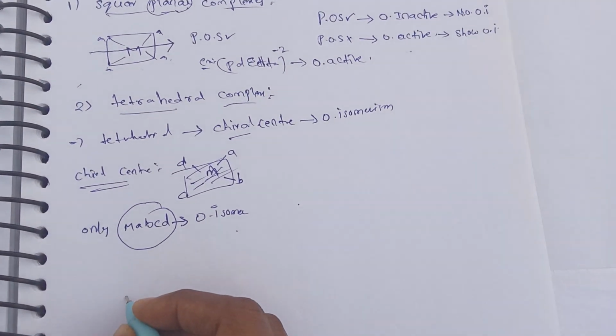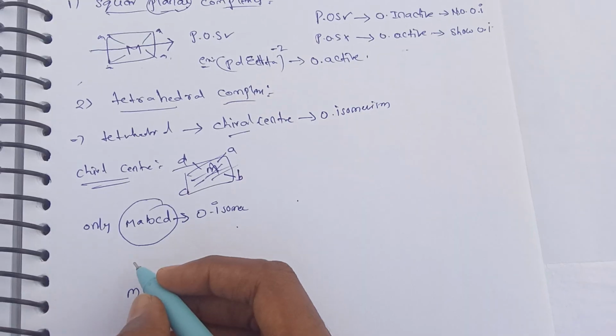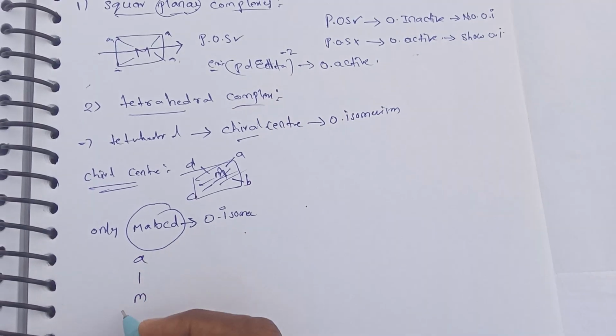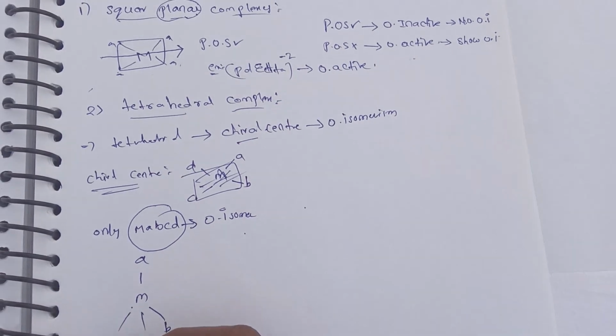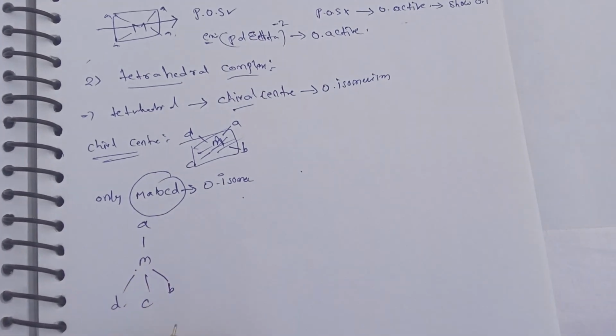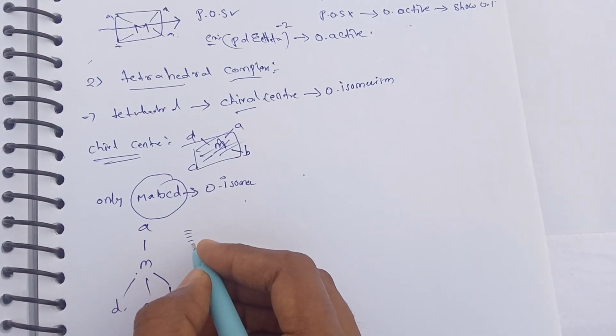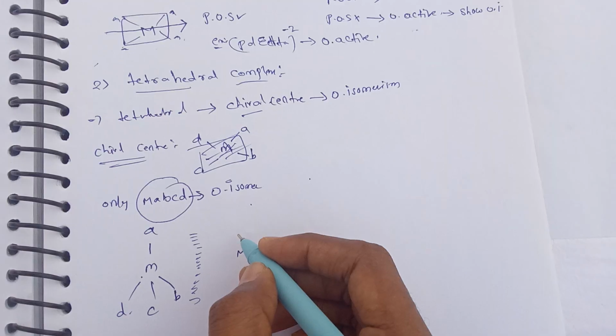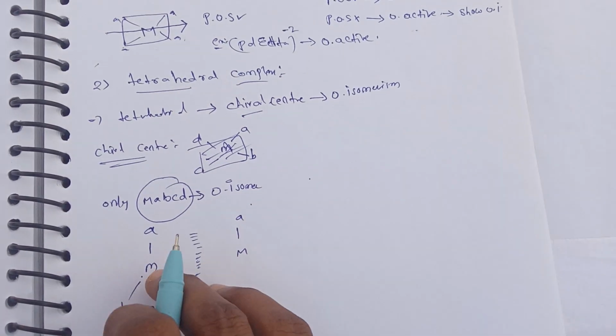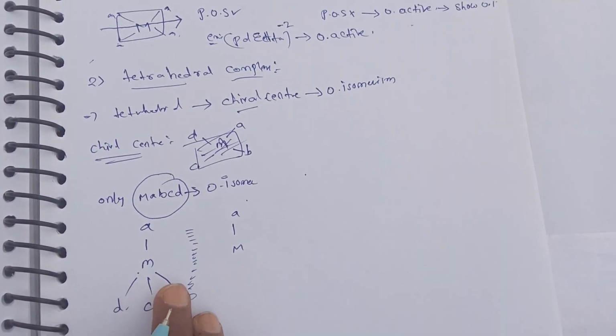For example, you have to take it like this: M, A. So this is B, this is C, this is D. You have to take the structure like this. When you rotate, that means mirror images.